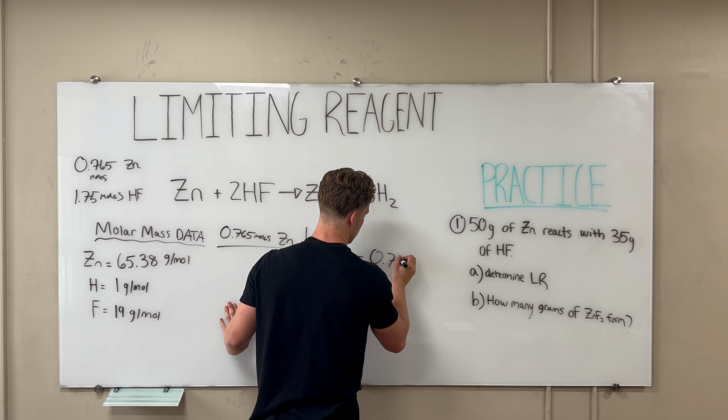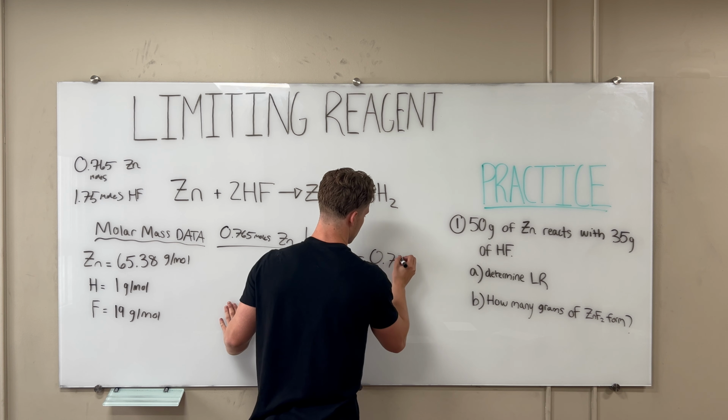So it's important to realize, in our original values, we can't just say zinc is the limiting reagent right away, because the stoichiometry might mess with these numbers. We could actually end up making less ZnF2. However, let's see if that's the case. When we divide this out, we're going to see that we get 0.875 moles of ZnF2.